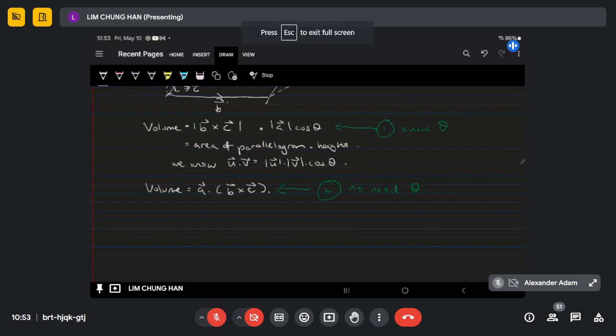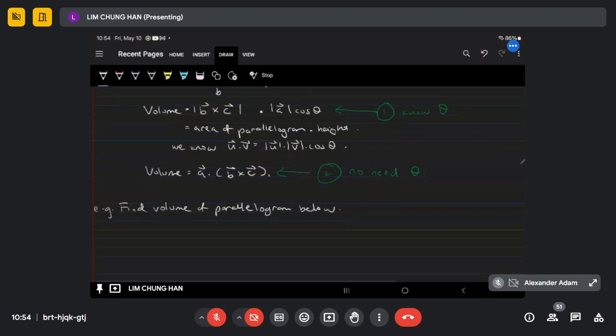Okay, so let's go through a quick example for this. Find the volume of the parallelogram below. The coordinates are these. Again, I'm giving you coordinates.